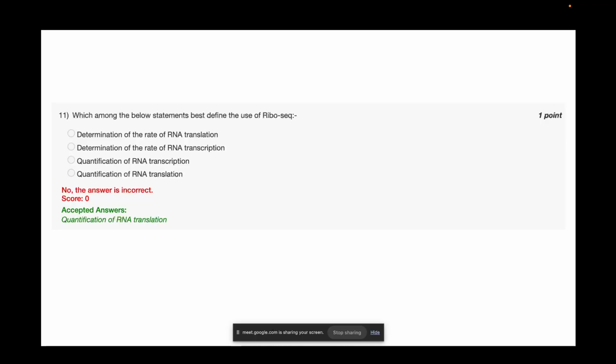If you are confused between determination and quantification, you can very much quantify it, because you can count the number of mRNAs that are attached to the ribosome. So you can quantify that these many mRNA transcripts had ribosomes attached and were going for translation. So a certain percentage of these transcripts were going for translation. It can certainly determine, but it can very specifically quantify, right? So that is clear.